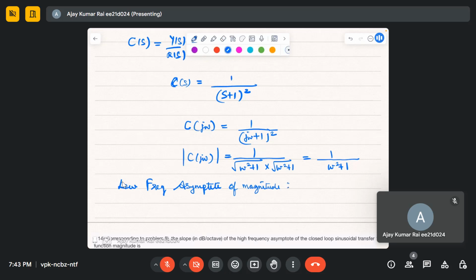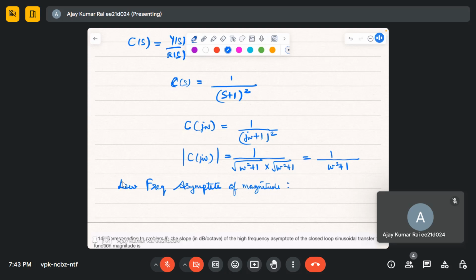So what you can see now, low frequency asymptote means when omega is very small, close to 0. If you see the magnitude 1 by omega square plus 1, omega is very small, like 0.001.